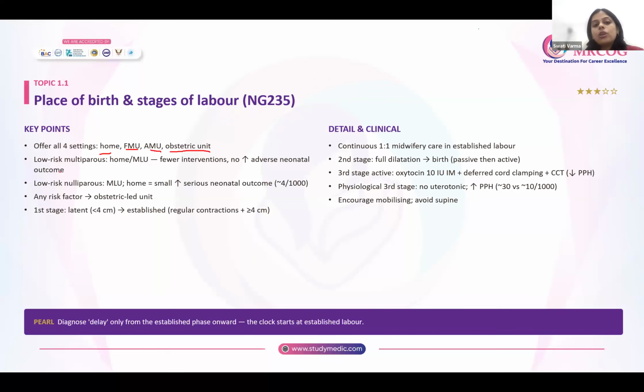Any pregnant lady on booking can be categorized as either nulliparous or multiparous, and then as low risk or high risk.